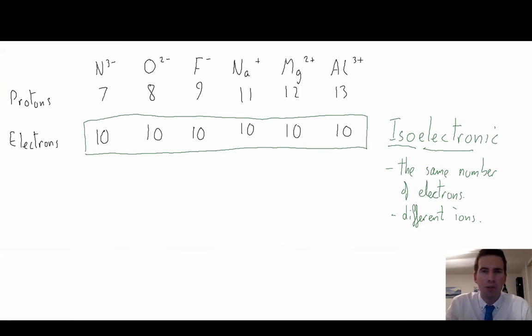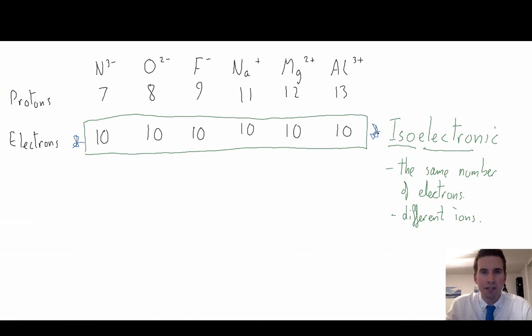Now let's go back to our original question. How do you put these in order of their size? So now we need to think about the different factors contributing to the ionic radii. Now, amount of shells: they all contain the same number of electrons. Hence, those electrons will be in the same shells. So the amount of shells will be the same.